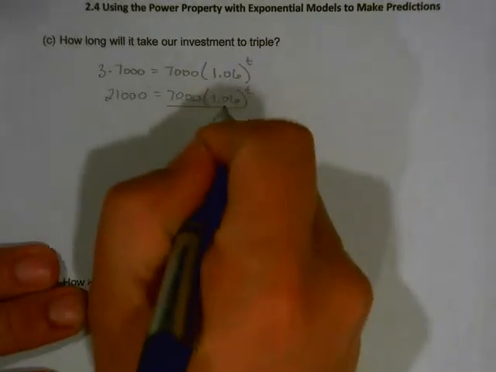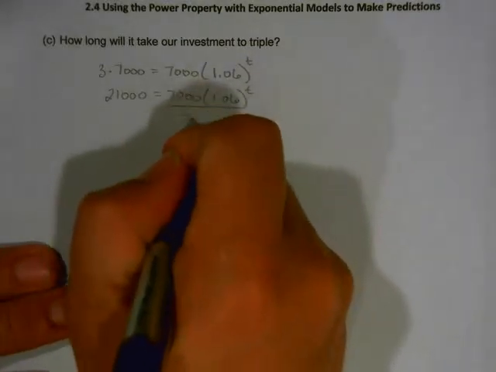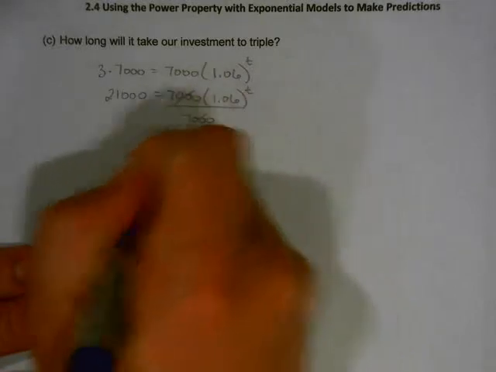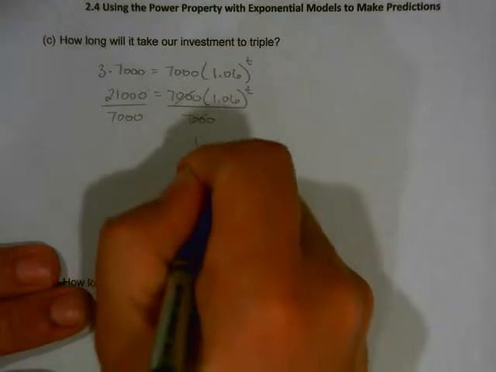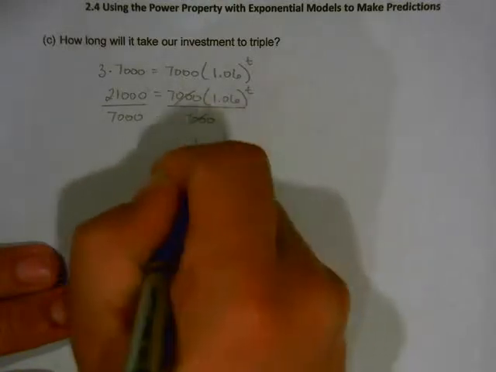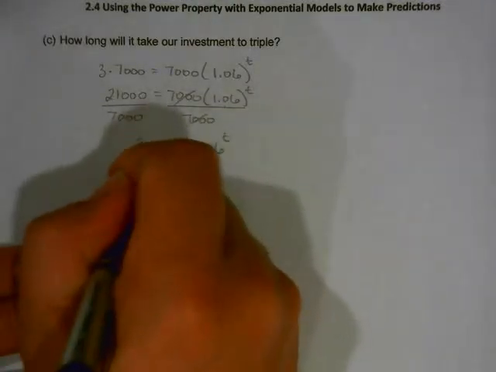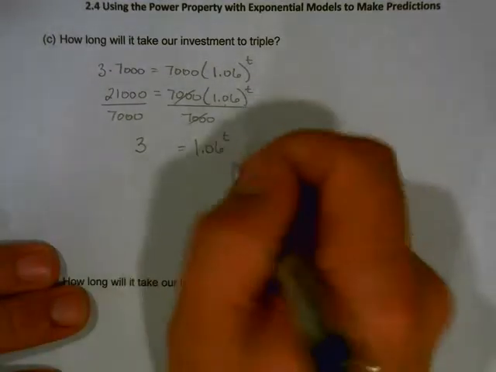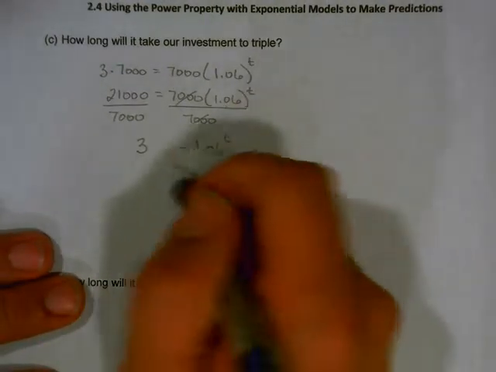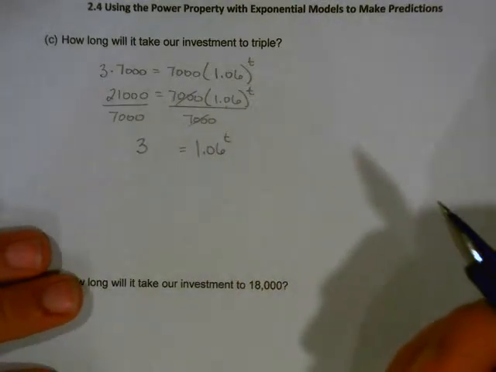Again, we need to isolate the exponential term, divide by 7,000, and 1.06 to the t equals 3. So now we want to solve for this exponential to find out how long it takes to triple.